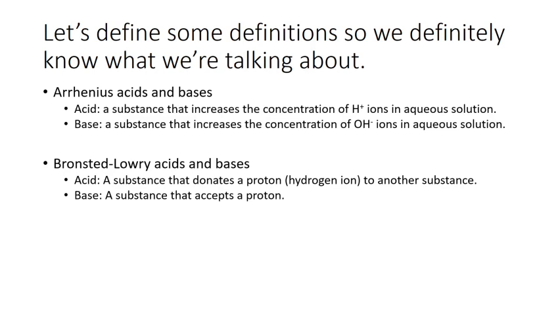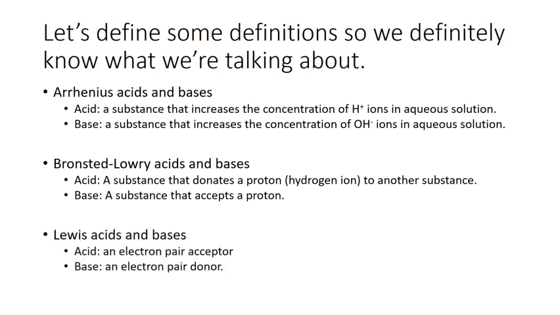Now, a little bit after that, we get the Lewis acid and base definition here. And this one defines many things as acids and bases, right? Because an acid under the Lewis structure is an electron pair acceptor, and a base is an electron pair donor.